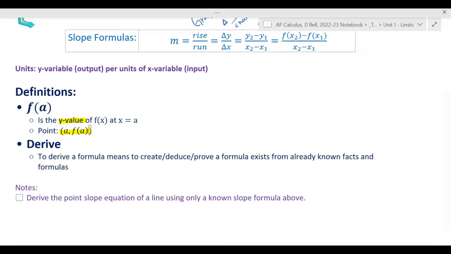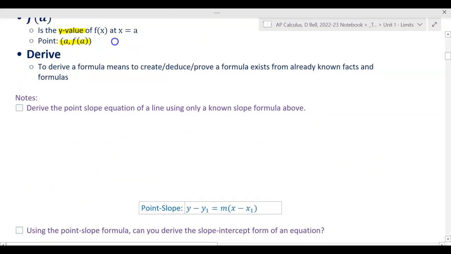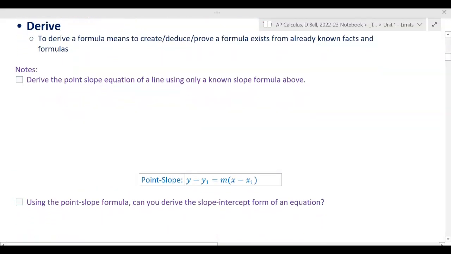To derive a formula means to create or deduce, prove a formula exists from already known facts and formulas. So we're going to derive the point slope equation of a line using one of the known slope formulas from above.